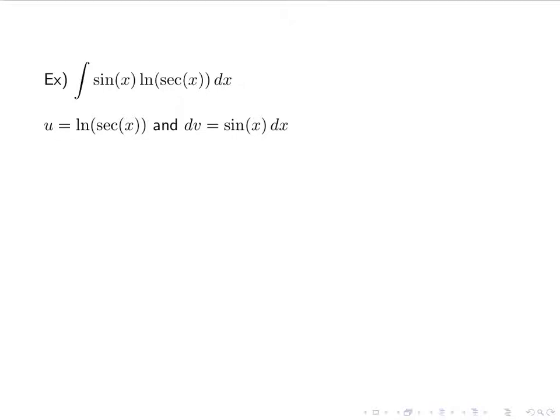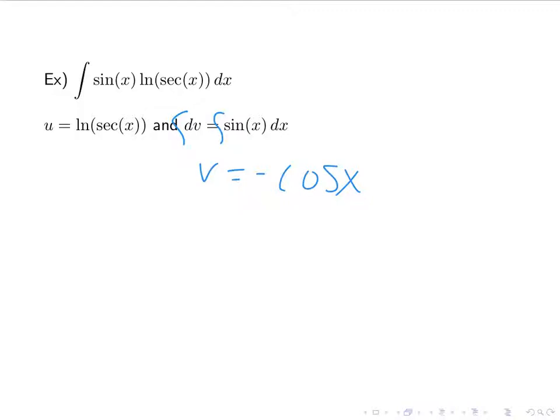Then comes the differentiation and the integration. Integration of dv is fairly easy, right? V is going to be, again, I know it's cosine because it's sine, and then it's the opposite of differentiation, so it's negative cosine. Remember that the derivative of ln of something is its derivative divided by itself.